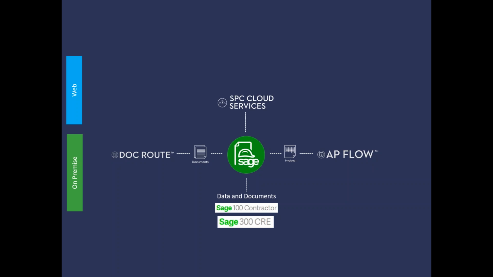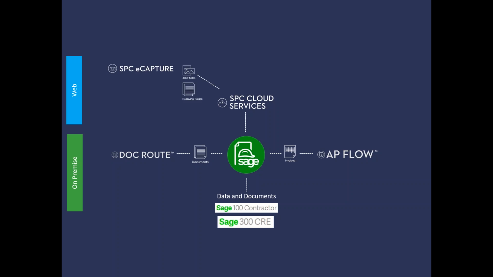What we're talking about today are the Sage Paperless cloud services. Sage Paperless, the on-premise, has been around for 5 years, and then last year they rolled out the cloud services because they recognize the whole world is going mobile, and people are looking for web-based solutions.